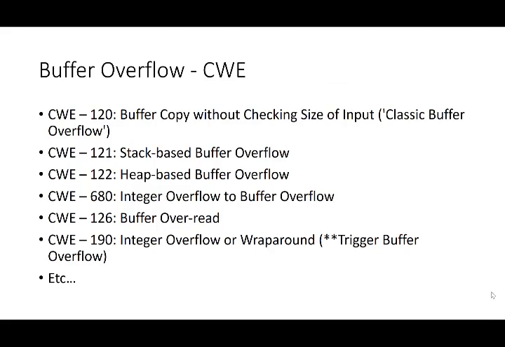Next, buffer overflow CWE. When researching the CWE about buffer overflows, I found there's a list of CWEs that indicate different types of buffer overflow vulnerabilities. It's very interesting to see. The typical one we are talking about is CWE 120, the classic buffer overflow. There are other types like CWE 121, stack-based buffer overflow, and heap-based buffer overflows.